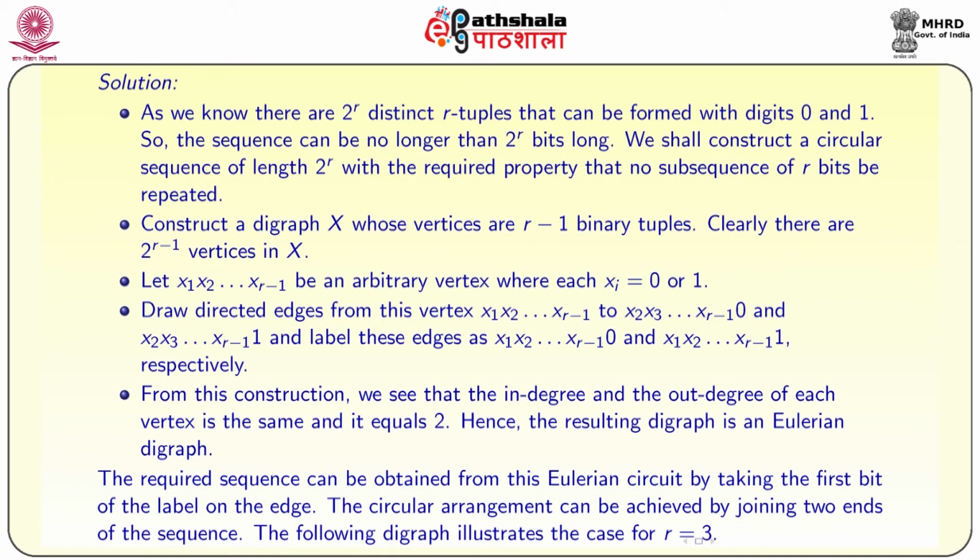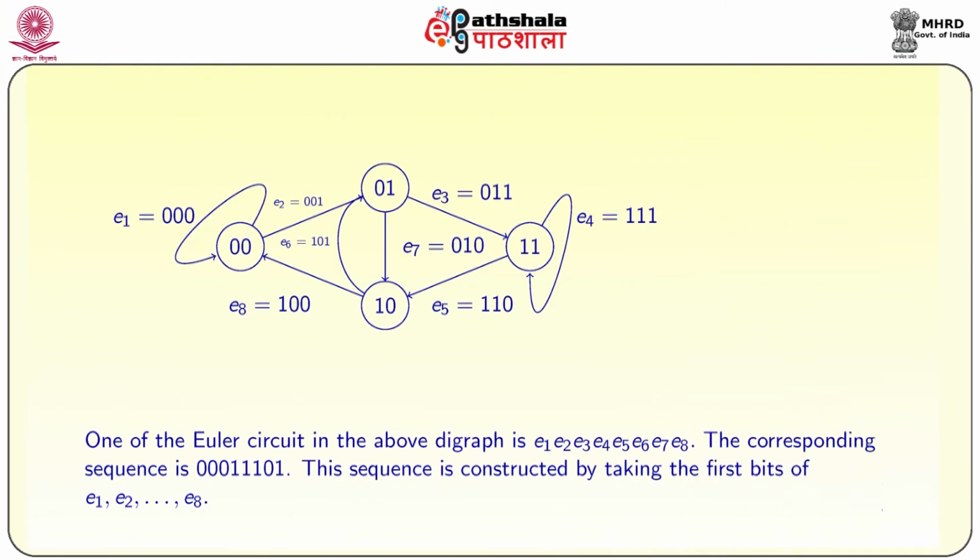The following digraph illustrates the case for r equal to 3. If you look at this digraph, here we are considering 00: from 00 there is an edge to 00 itself and to 01. From 01 there are 2 edges, to 11 as well as 10. So, we followed the pattern which we explained in the previous slide.